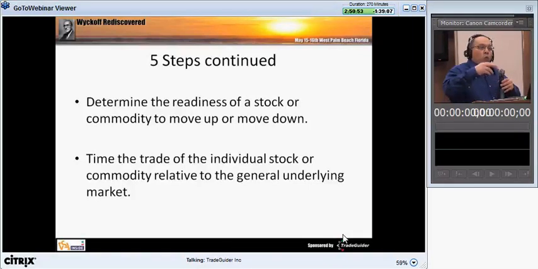So in Wyckoff terms, when you see that spring, and I'll show you examples again, if you're afraid of how deep that spring will go because you want to put a stop loss order in, wait for a retest of that spring, okay? The low of the retest should not take out the original spring. Place your stop a little bit away from the spring in an uptrend, and you probably have a good chance of having a successful trade. In an uptrend, springs are a very proper way to trade. Okay?